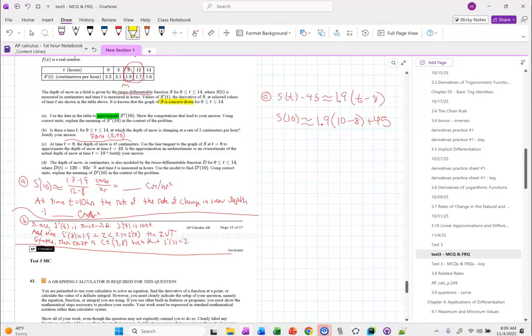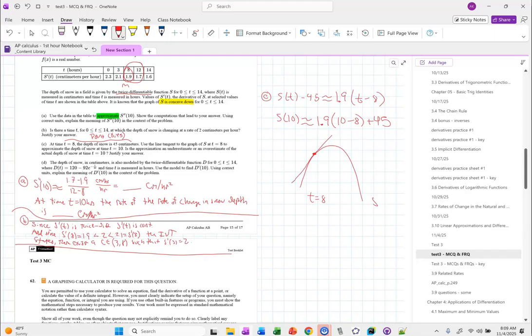But we are given that the graph of S is concave down. So that's my graph of S. If this is my point here, say this is t equals 8.